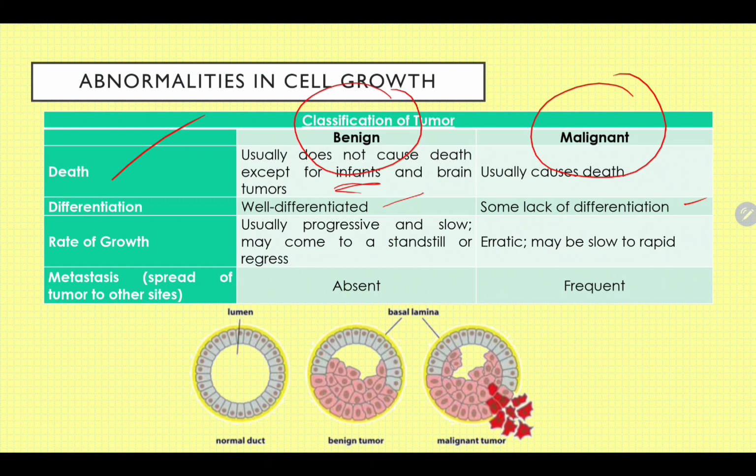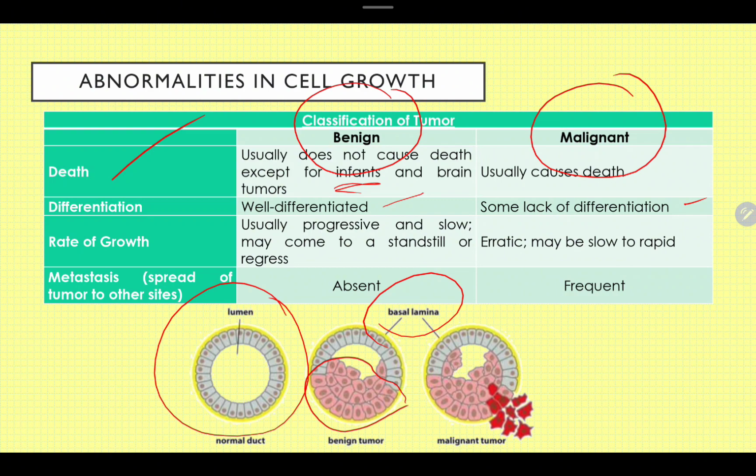Okay? So, let's talk about the general tumor nomenclature after this. Let's look at this picture. We have the normal duct here, meaning it has a lumen. We have the basal lamina. Here, as you can see, the benign tumor does not bother the other cells.